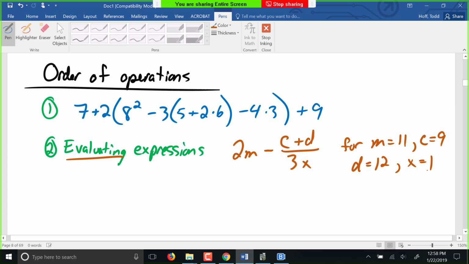So we had to substitute those values in for the variables, in for the letters, and then follow the order of operations.